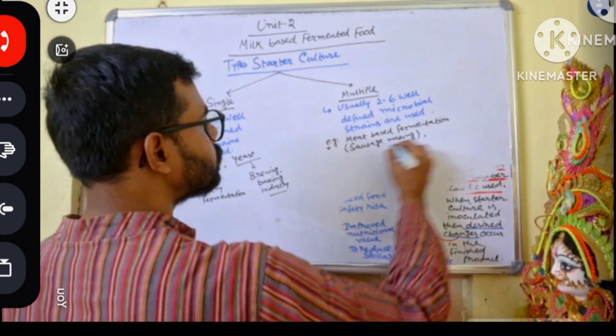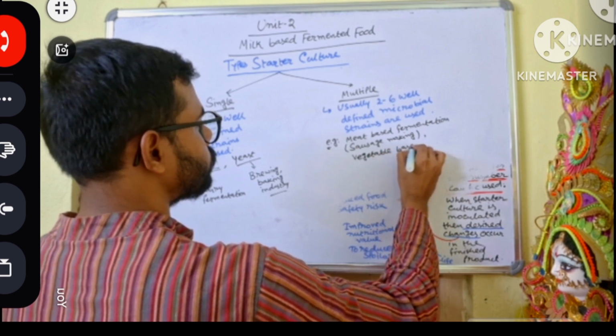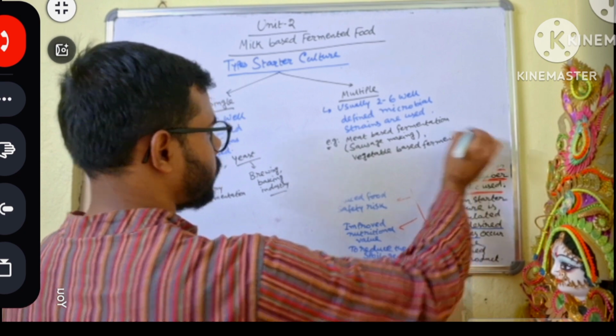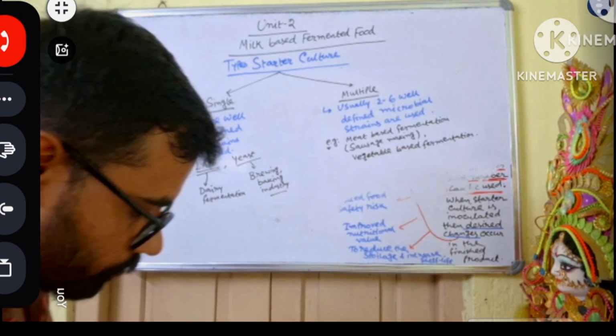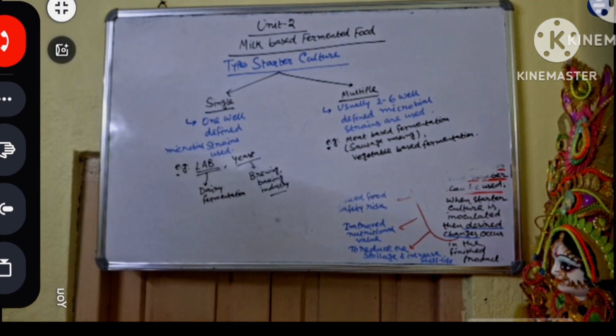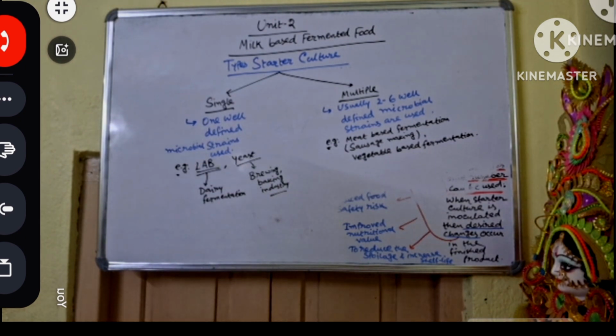Vegetable-based fermentation needs multiple strains, where a single strain is not enough. So starter culture, based on the number of strains we are using, could be single or multiple. Types of starter culture, clear.